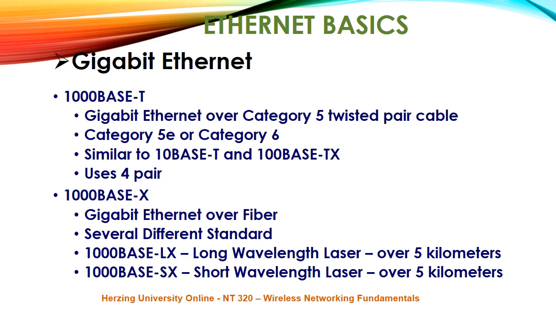And for the standard, we could go over 5 kilometers in distance. There is also a 1000 base SX, which is a short wavelength laser. We usually call that the short distance gigabit Ethernet on a fiber, and that goes a maximum of about 550 meters.